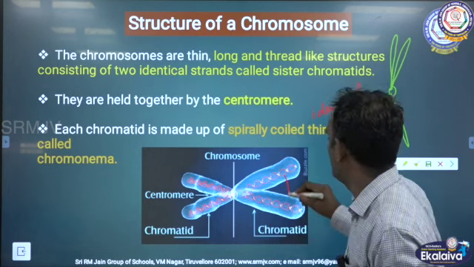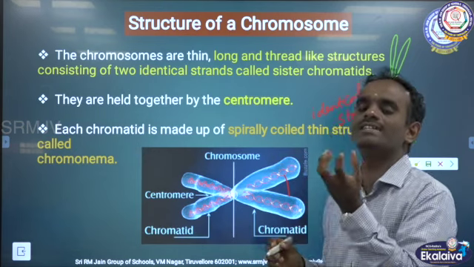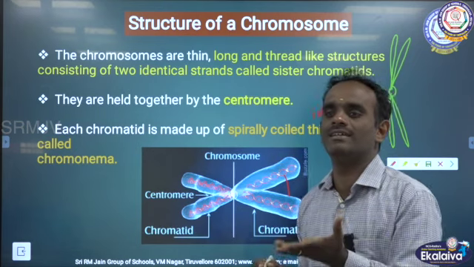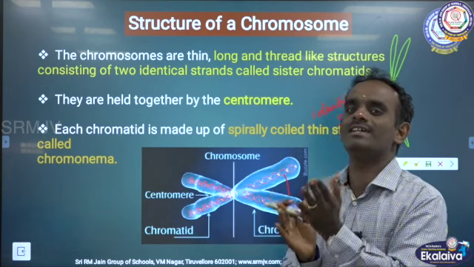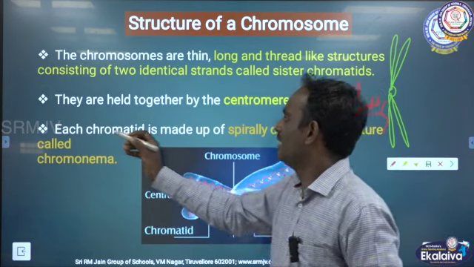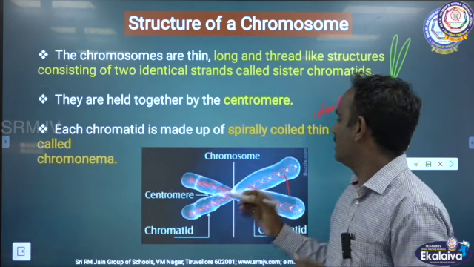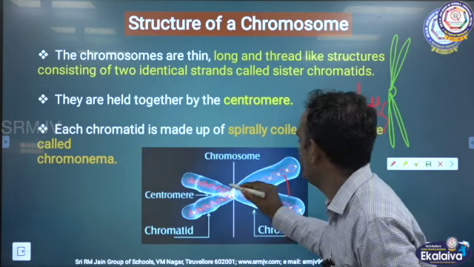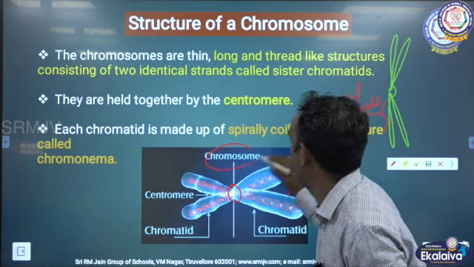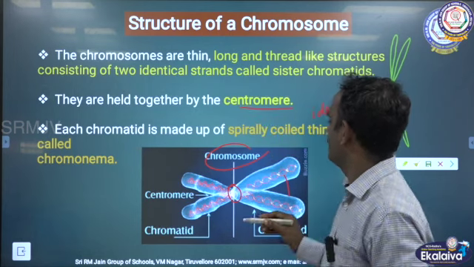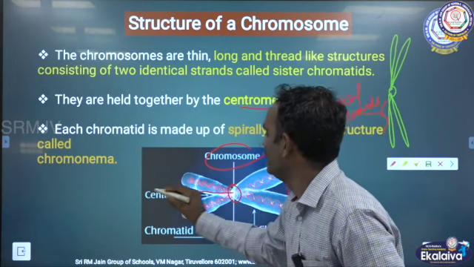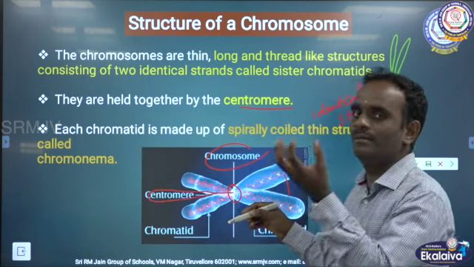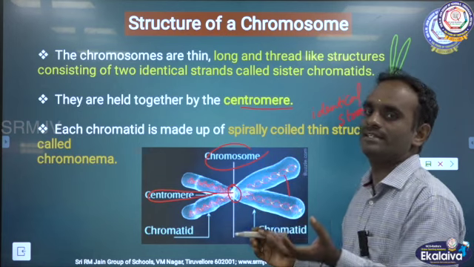See, these are the chromatids. Both these strands are the same, identical, so they are called sister chromatids. These sister chromatids are held together by an important structure called the centromere. The centromere is present only between the chromatids.